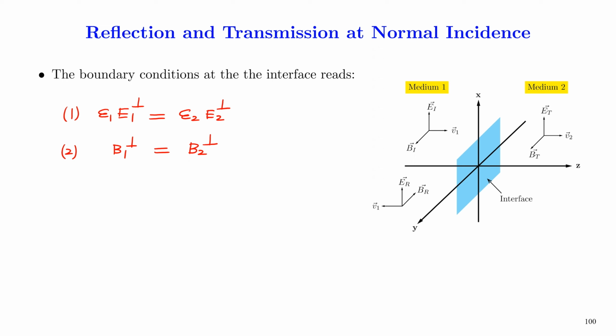As we are considering a dielectric medium devoid of any free charges or free currents, the equation for the parallel components is E1∥ equal to E2∥. The equation for the parallel component of the magnetic field is 1 over μ1 B1∥ equal to 1 over μ2 B2∥.